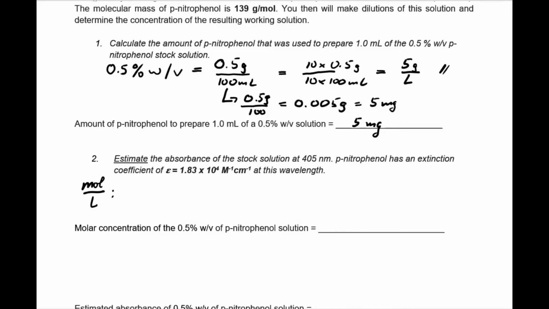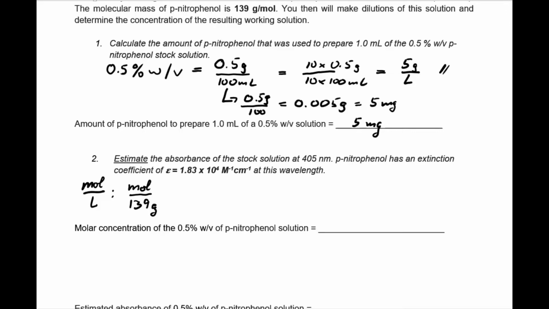And we have been given the molecular mass of paranitrophenol, and I just simply write it in such a way that the mole is on top of the fraction line. 1 mole is equivalent to 139 grams.